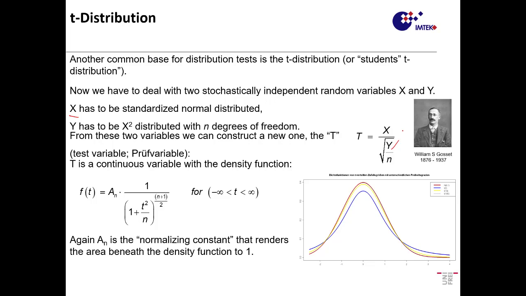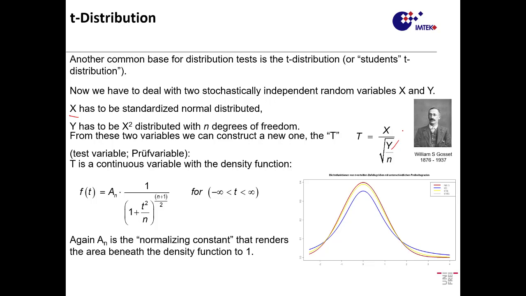And he called it that because if he would call it Gossett distribution, the guys from Guinness would know that he was developing this. They would not allow him to freely publish this without a patent, and then this would only be usable by the people from Guinness. And he didn't want to do that.